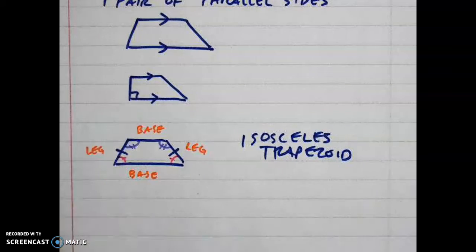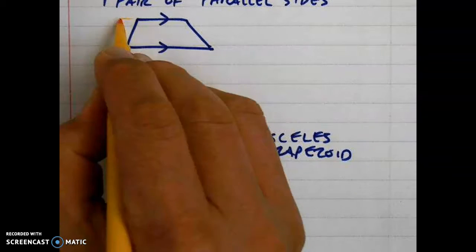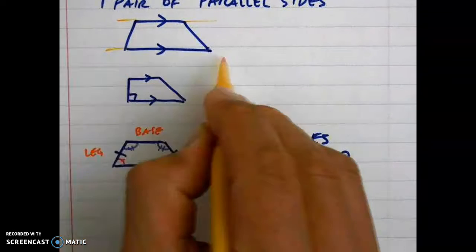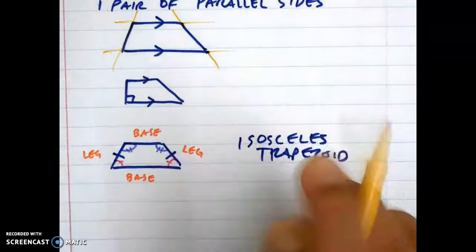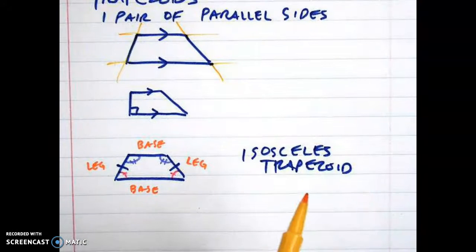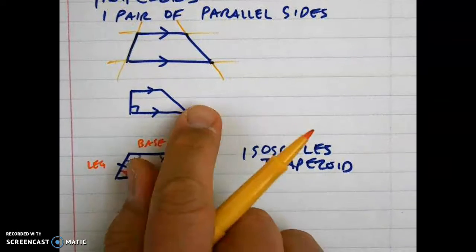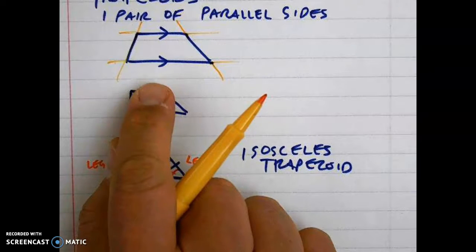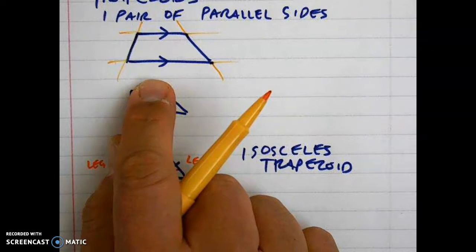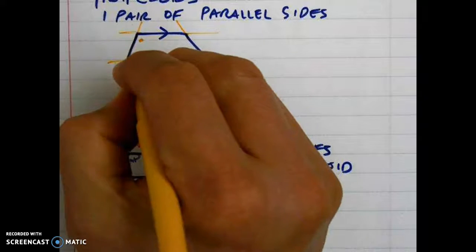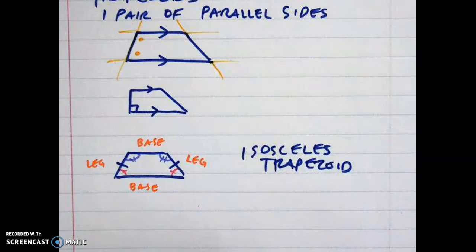Okay. Now, if I extend these lines out, does that look familiar to you? Doesn't this look like the homework assignment from 2 days ago? Yes? And what do you know about these two angles right here? Those are supplementary.